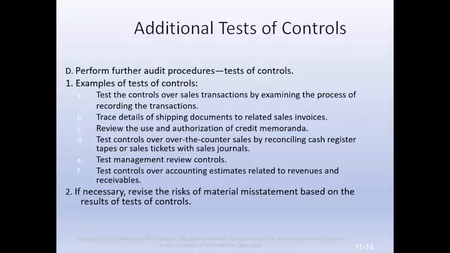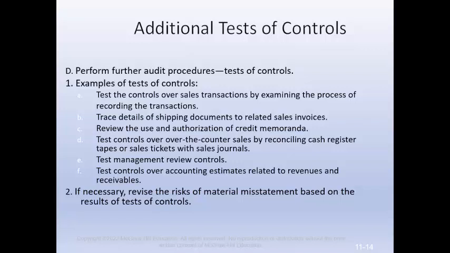Next, the auditor will compare a sample of shipping documents to related sales invoices to identify that the sales shipped were billed. To test for proper use and authorization of credit memoranda, the auditor will determine that credits for returned merchandise include a requirement that the returned goods be received and examined before credit is granted.